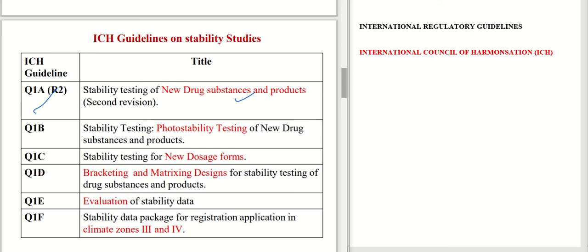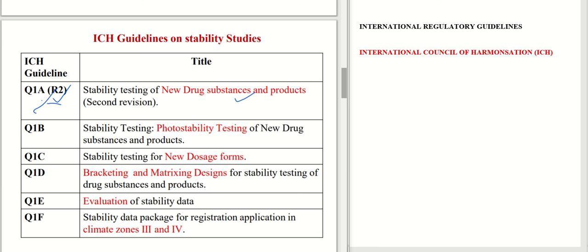Whereas drug substance is a single molecule entity. So if we invent or discover a new drug molecule or new drug product, we need to follow the guidelines of Q1A R2. We need to check what we need to check for the stability of the new drug which we have discovered, according to Q1A R2.